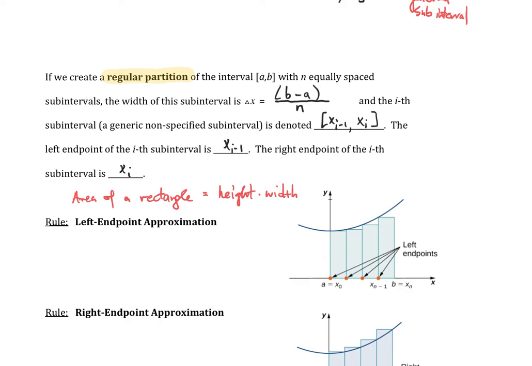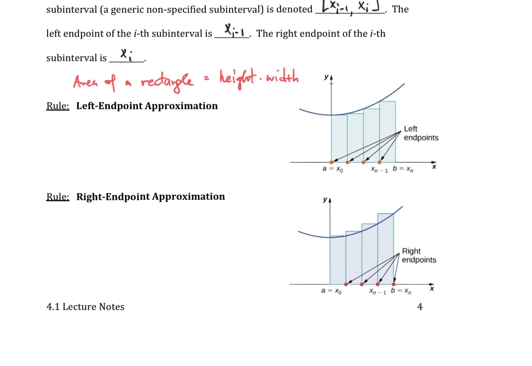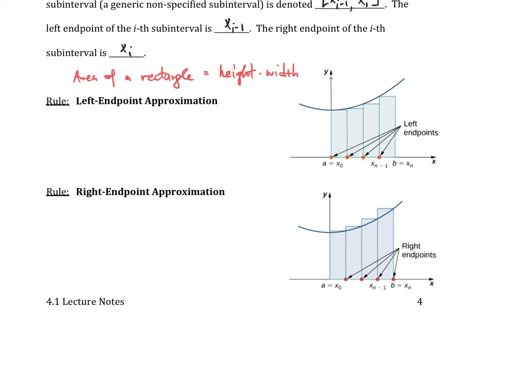Okay, so I want us to look at this rule we have here, this left endpoint approximation rule. So I've drawn a picture on the right side, or I didn't draw it, but we have this curve here. This curve here is y equal to f of x, okay? And I hope you can see that we have a bunch of rectangles.